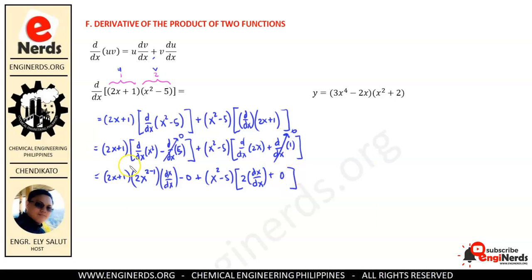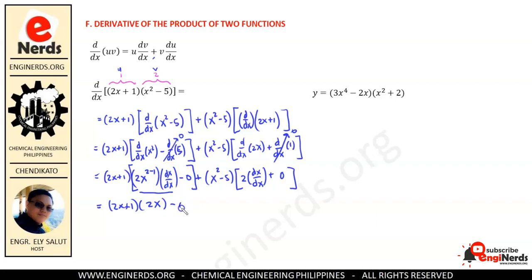Okay, we have a bracket right here. Now, so we have here 2x plus 1. We will multiply it to the first term here. So we'll have here 2x, because 2 minus 1 is equal to 1. dx over dx is equal to 1 minus 0.